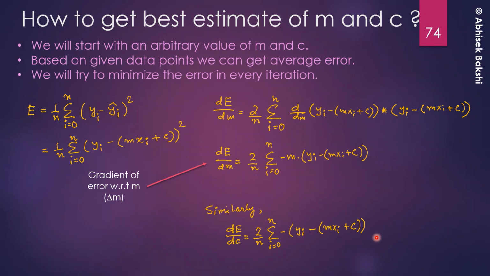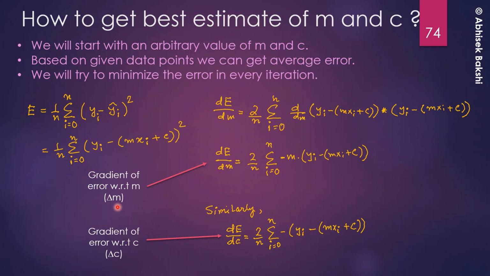And this is what we can represent by delta c. So this is important: you need to find this delta m and delta c, because this is something that basically needs to be changed in each and every iteration.